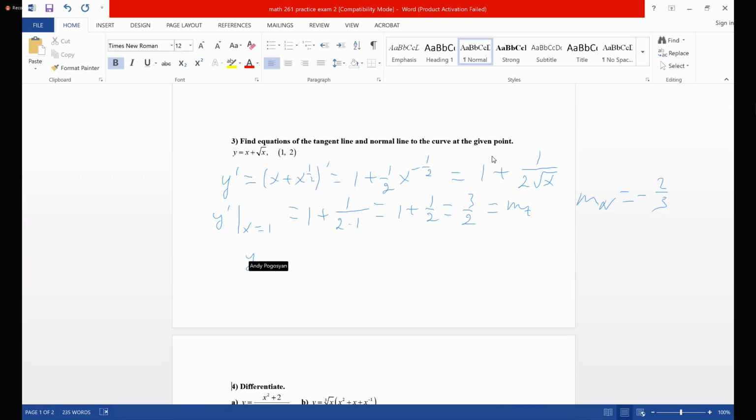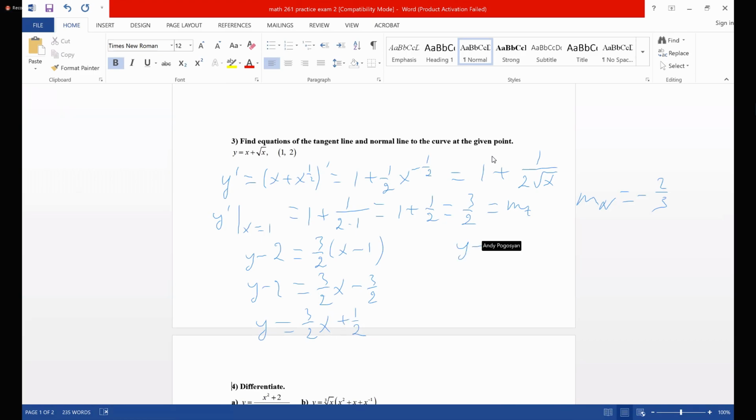So y minus 2 equals 3 over 2 times x minus 1. Add 2 to both sides, so your y equals 3 over 2 x, 2 is plus 1 over 2. That would be your tangent line.